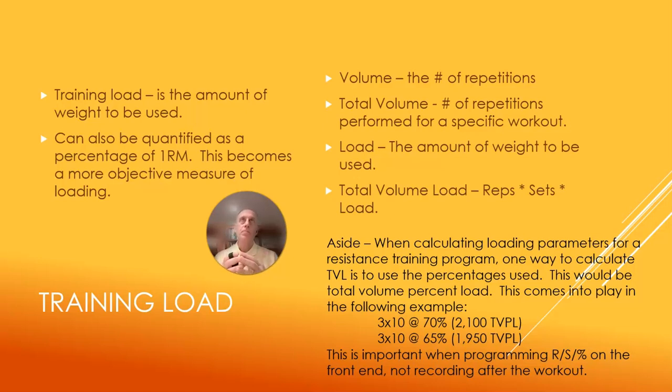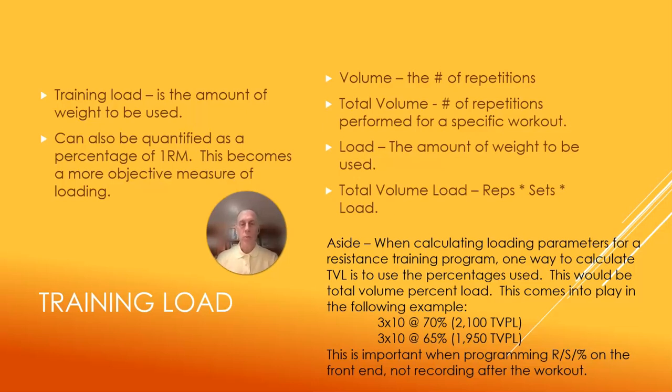When you're programming out for an entire group of people, a team of 100 football players or 500 athletes altogether, and you're calculating that total volume load, if you base it on a percentage, that's a different story. So you can do 3 sets of 10 at 70% instead of 70 pounds, which in our parlance, percents are pounds, right? It's just a percentage of your maximum weight anyways.